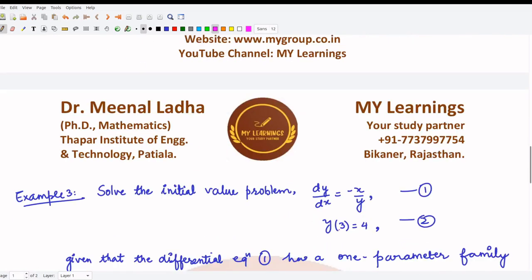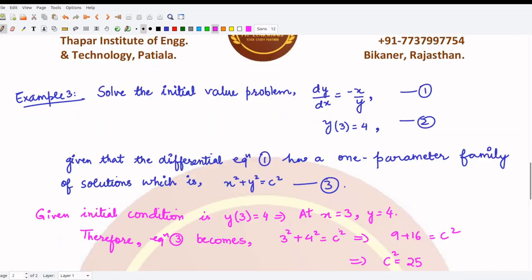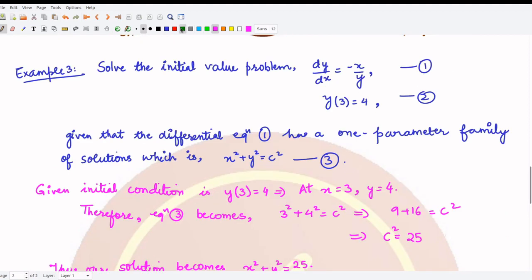Moving forward to our third problem, we have to solve this initial value problem where it is given that dy upon dx is equal to minus x upon y, and the initial condition is given to be y of 3 is equal to 4. This is a differential equation whose solution is the one parameter family of solutions x square plus y square is equal to c square.